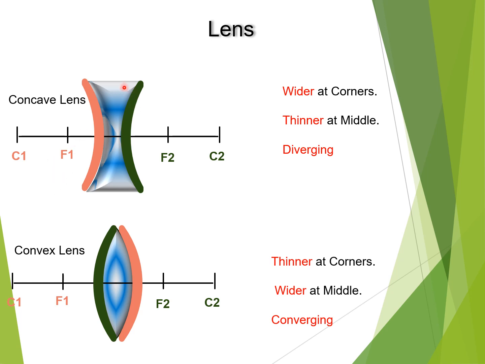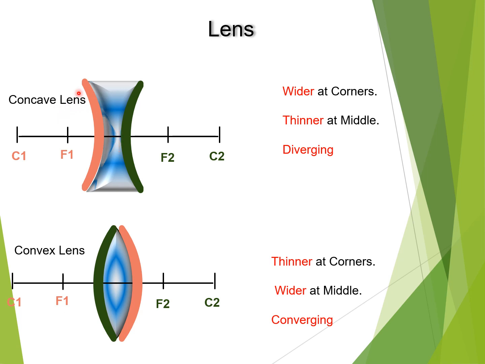If you see the shape here, concave lenses are wider at the corners and thinner in the middle. Just opposite, convex lenses are thinner at the corners and wider at the middle. Another important thing is that concave lenses are diverging lenses.